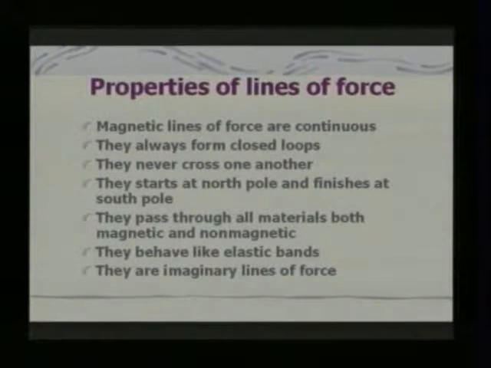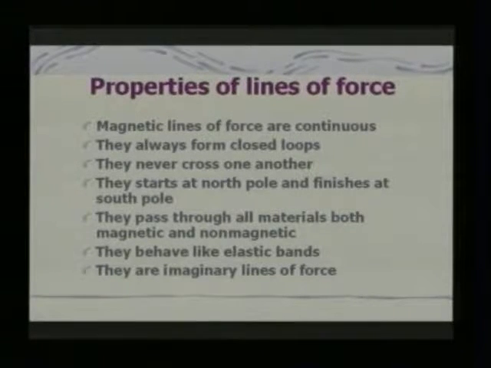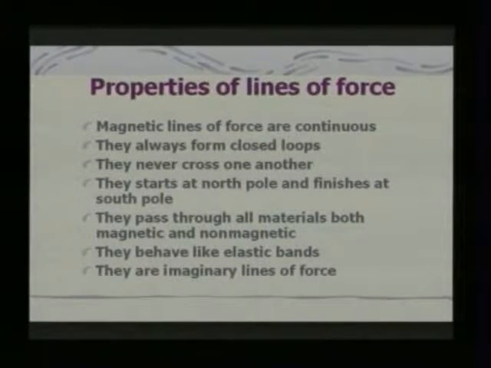They pass through all materials, both magnetic and non-magnetic. For example, magnetic materials like nickel and cobalt, and non-magnetic materials like air, wood, rubber, etc. And lines of force behave like elastic bands. They are imaginary lines, that means they are not visible.